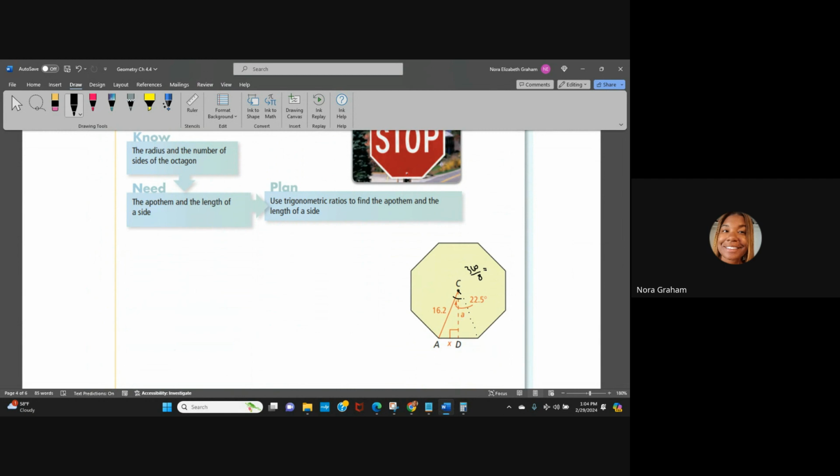Do that in your calculator, and you will get 45. 45 degrees only gives me the whole thing here. So I would have to do 45 divided by 2. If I do 45 divided by 2, I'm going to get that angle, 22.5 degrees.